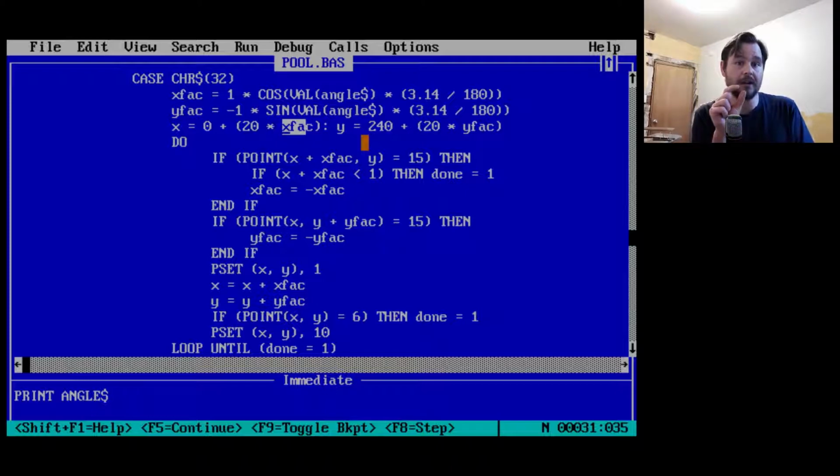But our red line was 20 pixels. And so that's why I'm moving over 20 times xfac and 20 times yfac. Okay. Now the way I check for bouncing off walls, I have to figure out when my ball collides with a wall. And I use the point command.